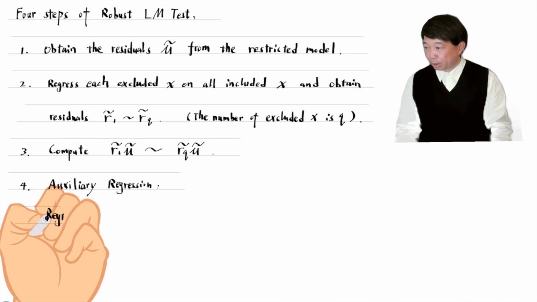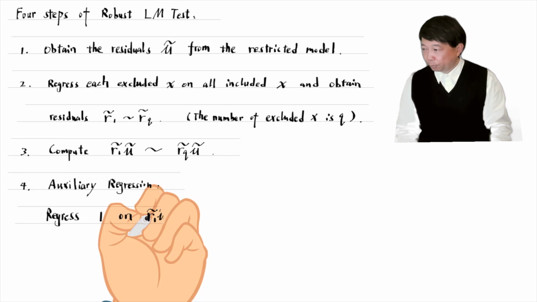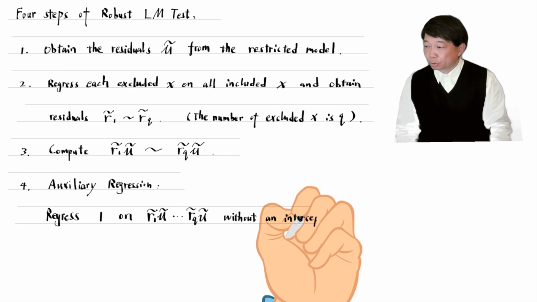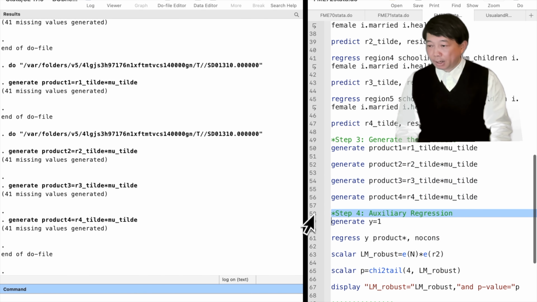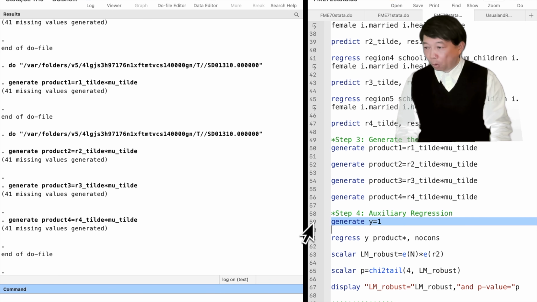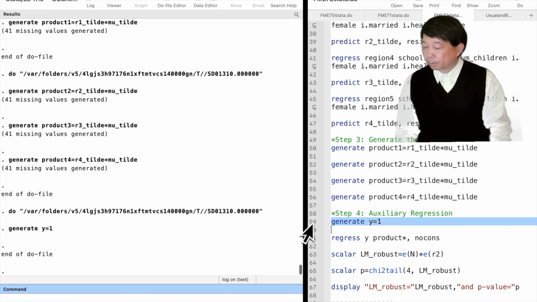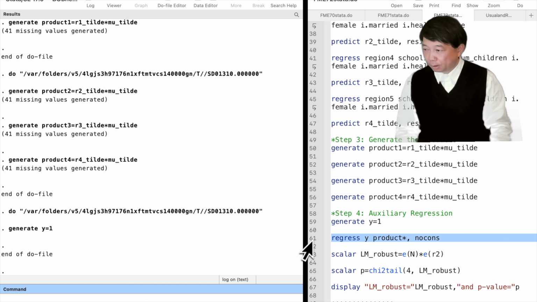That is the regression of 1 on the 4 new variables we just created. The outcome variable y has the value 1 for all observations. We regress y on the 4 products using the no constant option.